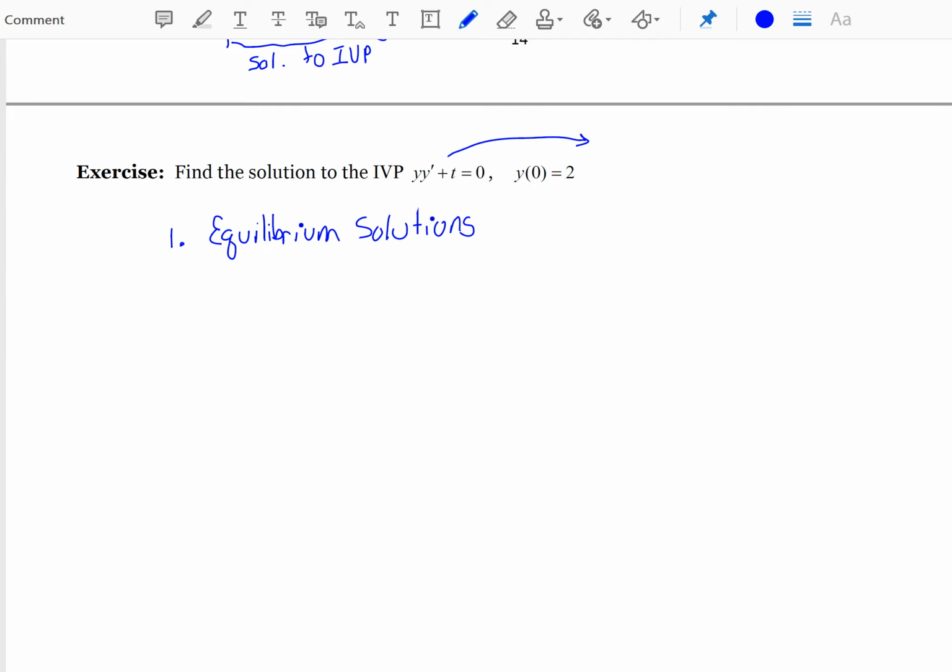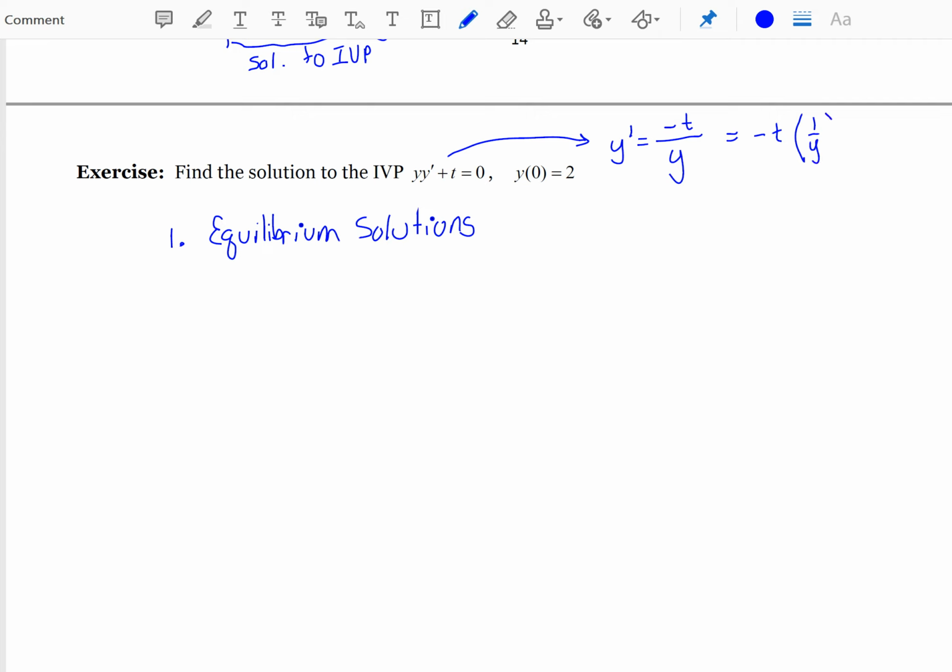We have to get y prime by itself. So solving for y prime, maybe we can write this as y prime equals, let's move the t to the right-hand side, which would make it negative t, and then divide by y. Or maybe it'd be easier to write this as negative t times 1 over y.